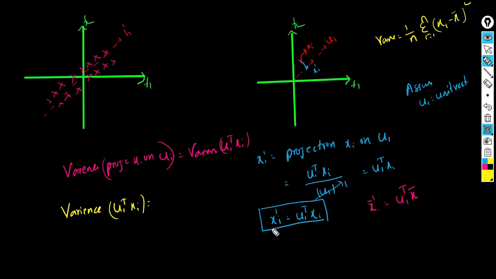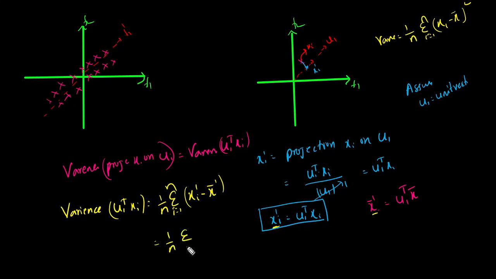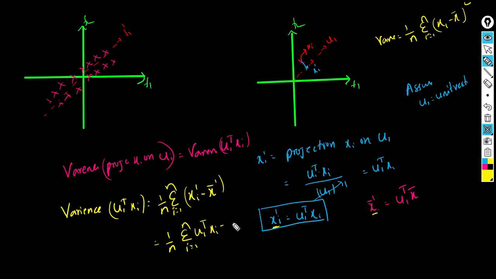Here also xi is this one, x bar is this mean. Now 1 by n sigma i equal to 1 to n, xi dash minus x bar dash. Now place these values: u1 transpose xi minus u1 transpose into x bar.